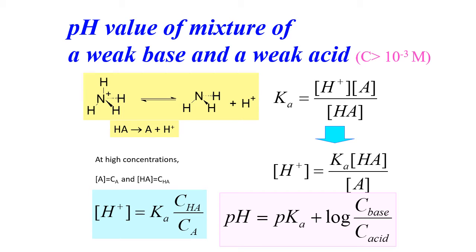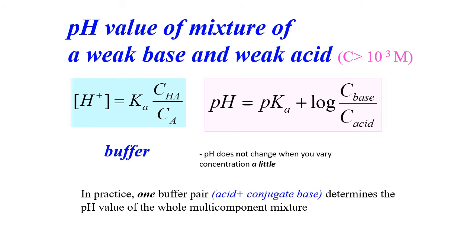This is a very simple equation, and now let's look at what happens to this equation when I change concentrations of one or other components. So what will happen if I dilute this solution tenfold?